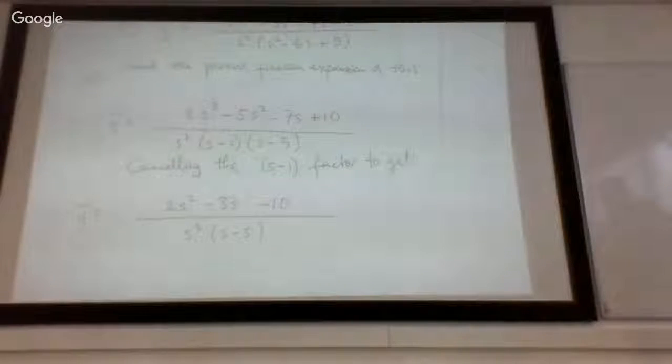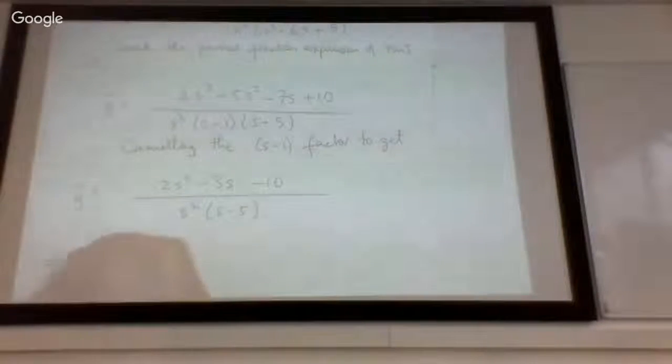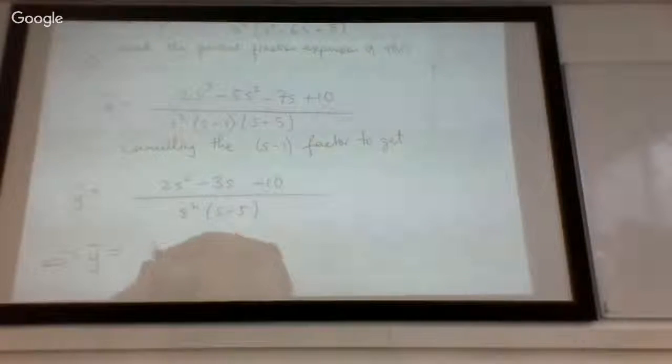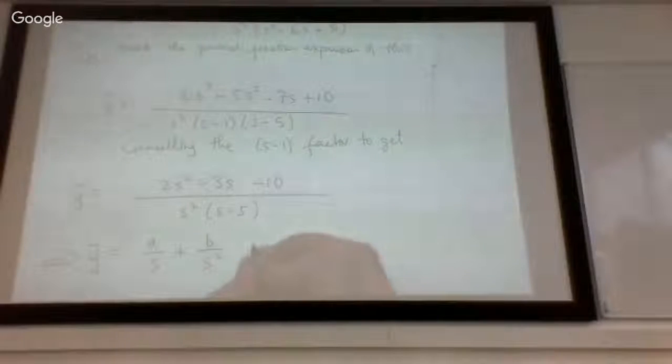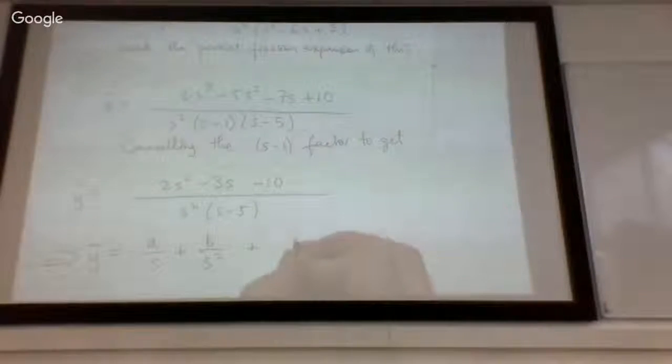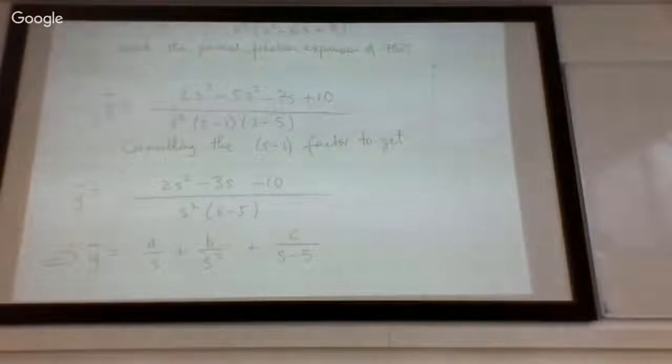It is not a root of the numerator, so there's no more cancelling to be done. So we can go now for the partial fraction expansion. So y bar should look like, it's going to be a over s plus b over s squared plus c over s minus 5. Those are the 3 terms that are going to appear in the partial fraction expansion.